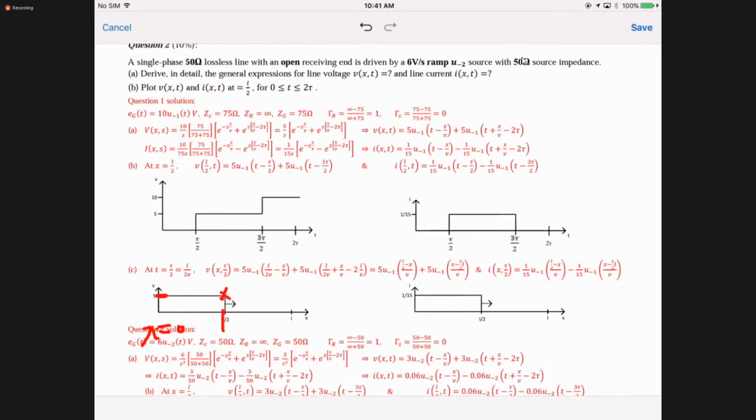You start to see it, so you can draw it. Afterwards, here it is still 0 because the wave has not propagated yet. Okay, thanks. It's propagating.